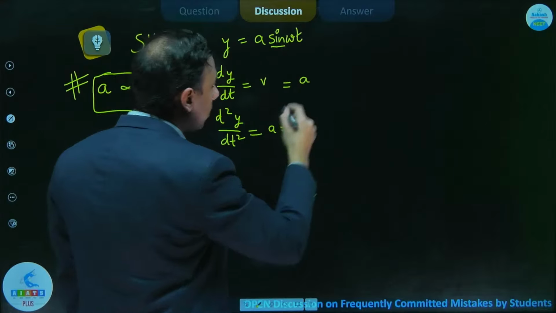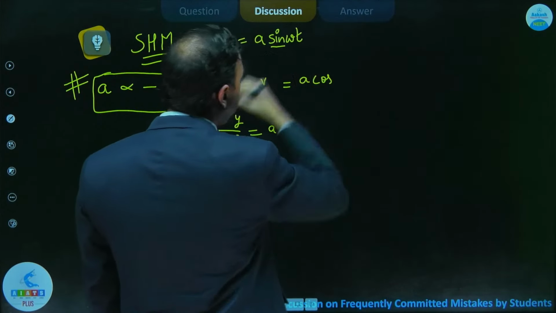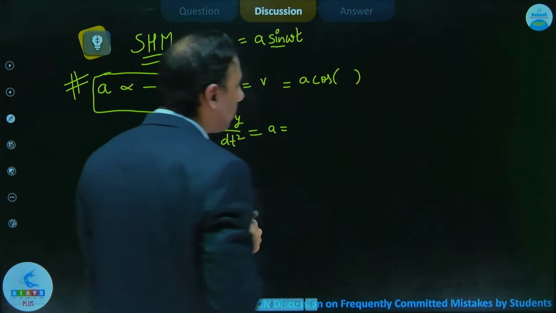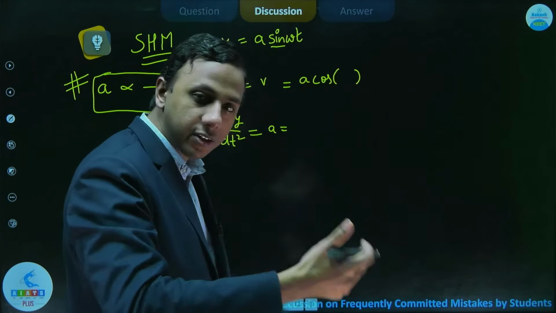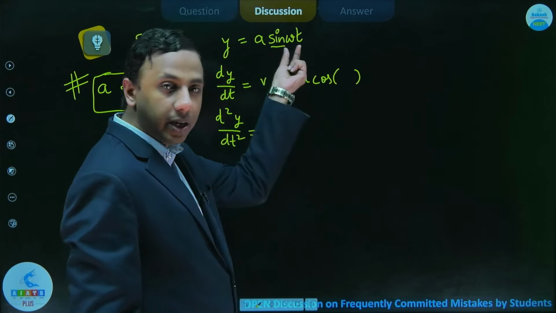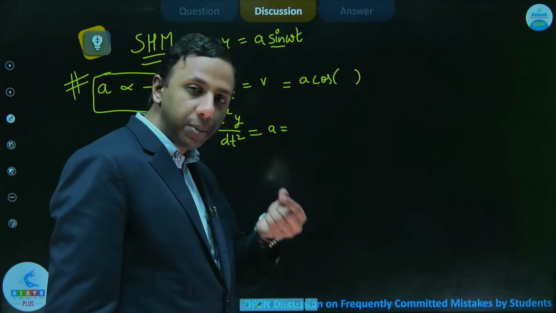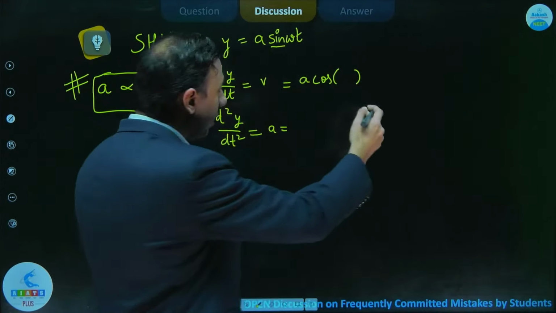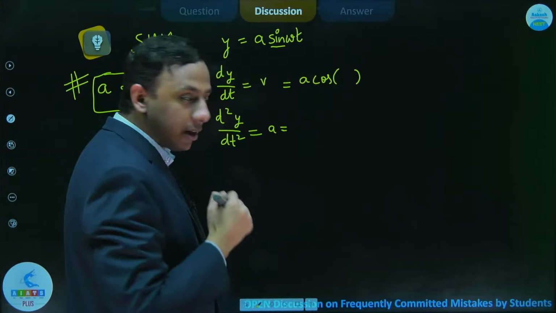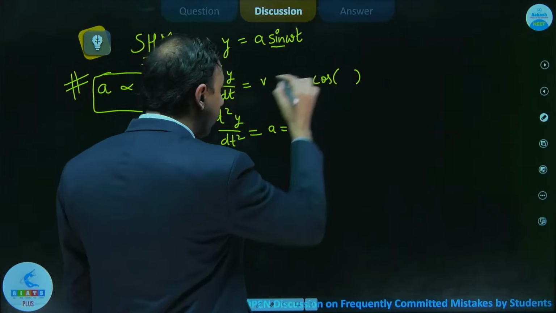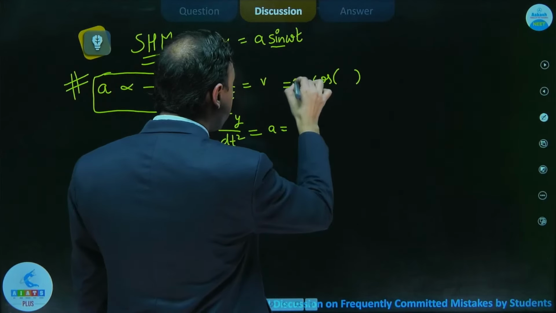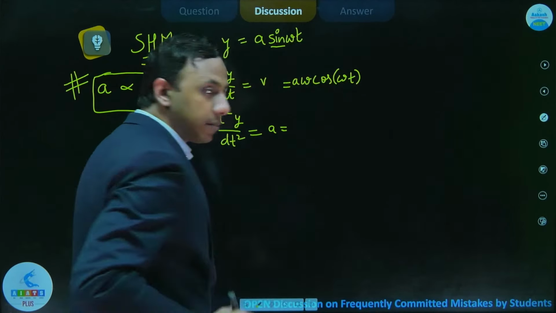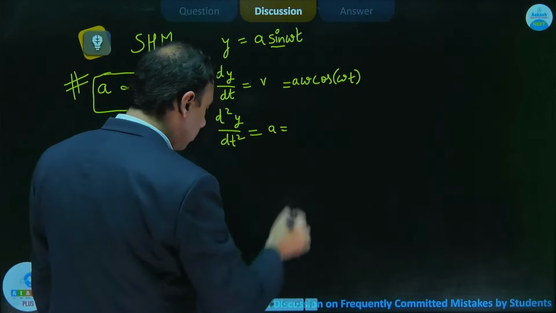So sine bracket will become cos bracket, and then you differentiate the bracket with respect to time. Bracket is your omega t. So omega t with respect to time will become omega only. That omega, if you want, you can write in the front itself. That is, it will become a omega, bracket is cos omega t.